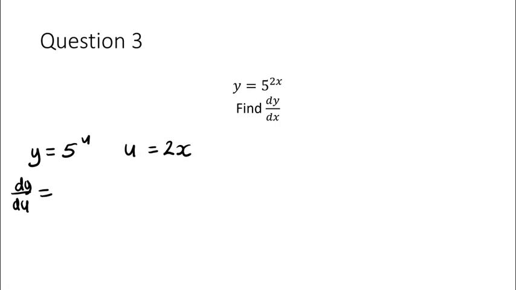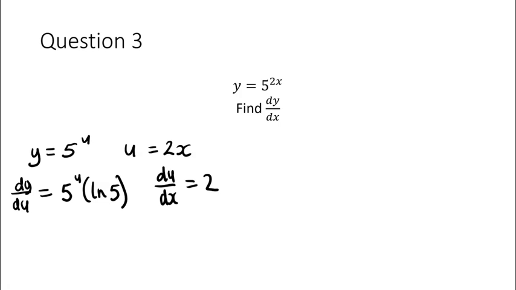So applying it for our problem here, when we differentiate 5 to the power of u, we just write the 5 to the power of u, but then we times that by natural log of 5. And then finally we need to find du by dx as part of this.